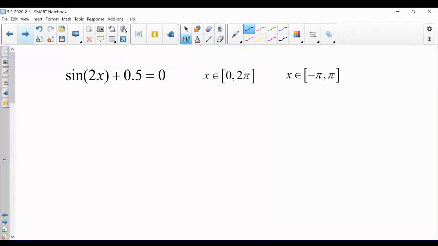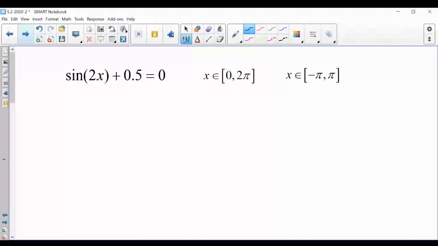Replace sine 2 theta with identity? Nice thought, Hussein. Except I'm not going to do that, right? That's a nice thought. I like that thought, but there's another approach to it, which we're going to do. Bring the 0.5. Oh, yeah, we have to do that as well, which we'll do, right? But Hussein, that would be a strategy that may work for some questions, but we're not going to do that for this one.